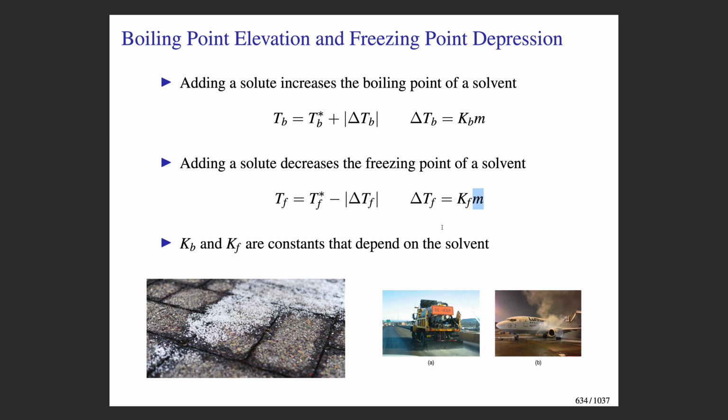What are some applications of this sort of stuff? Well, the freezing point lowering is mostly used to de-ice sidewalks. You sprinkle salt, which dissolves on the ice, and it lowers the melting point of the water. And so it can melt sidewalk ice, it can melt roads, it can melt the ice that forms on roadways.